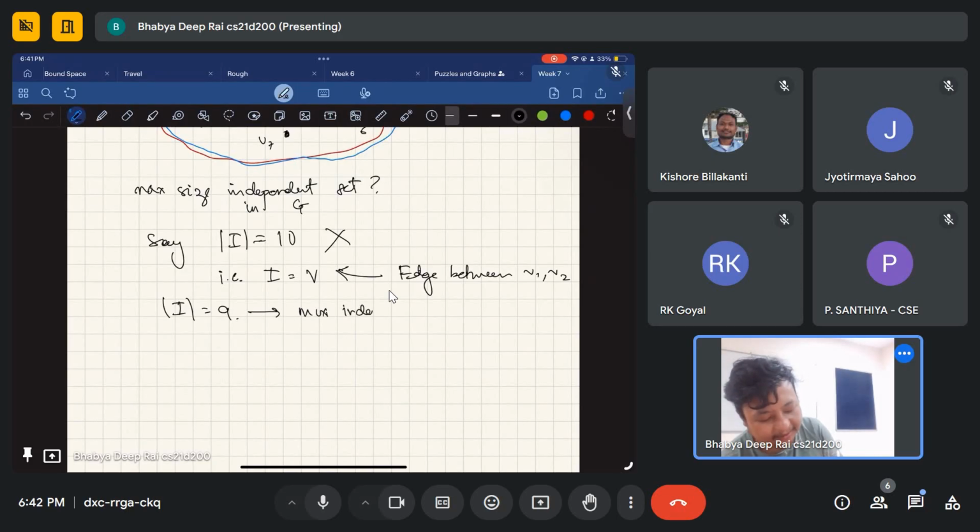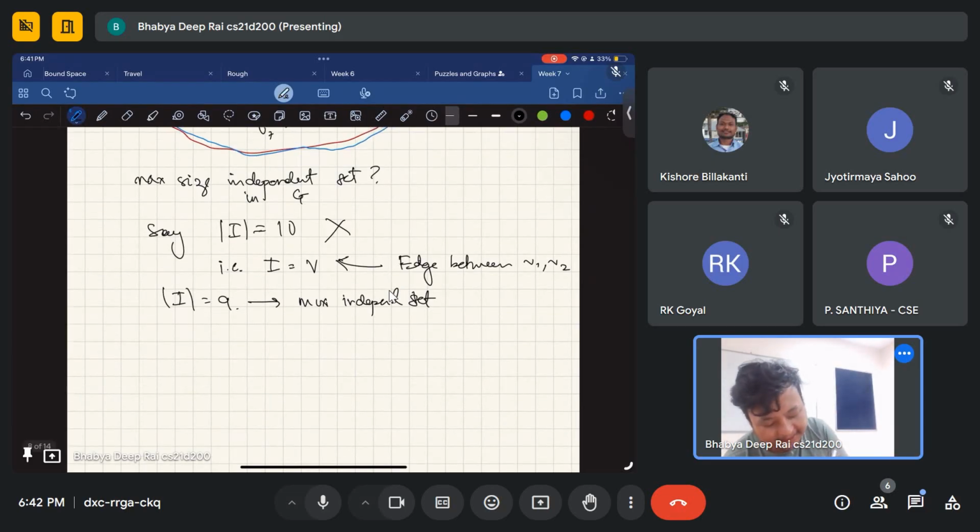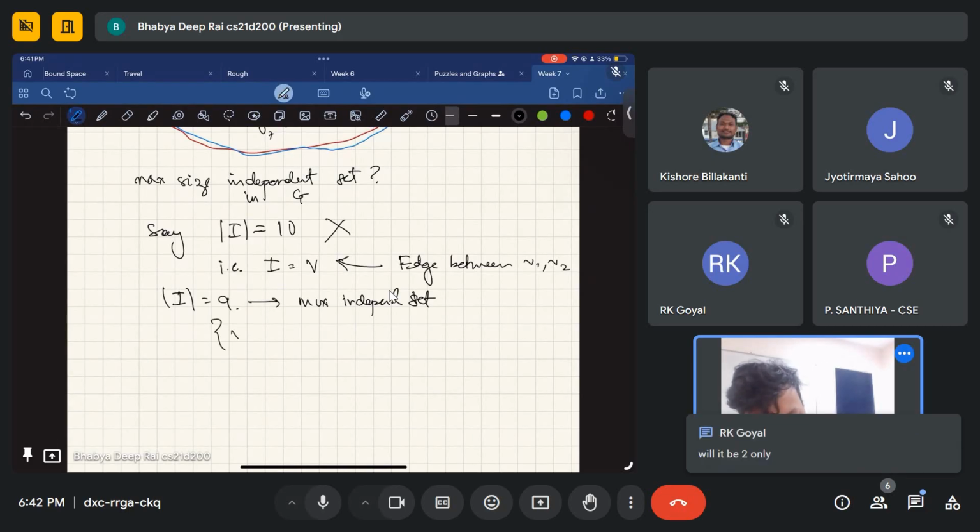Maximum independent sets. Because size 9 exists, this is a maximum because 10 is not possible. That's what we saw. And so what are the sets? I choose V1. I don't choose V2. I choose V3, V4, and so on till V10.